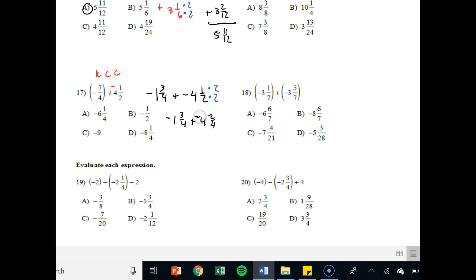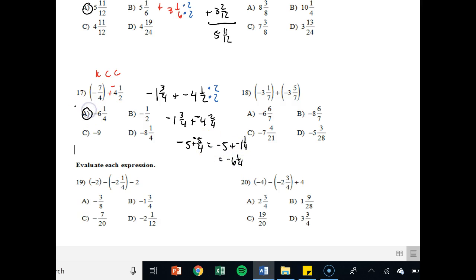Got to keep track of those negatives. So that's negative 5 5/4, which the 5/4 becomes, negative 5 plus, really again, this is a negative 5/4. That's really just like a negative 5 plus a negative 1 1/4, right? So that's negative 6 1/4.